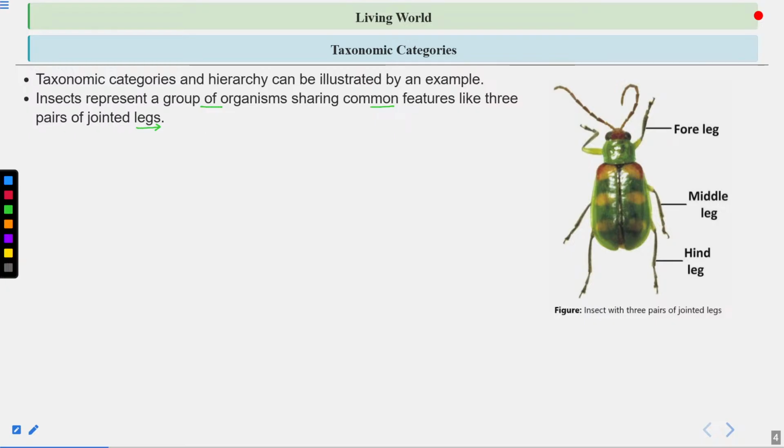All these insects are grouped into one category, which is known as insect, and the members of this group are grouped together based on the similar feature, the common feature: three pairs of jointed legs. Here you can see in this figure an insect with three pairs of jointed legs. This is the foreleg, then this is the middle leg, and this is the hind leg.